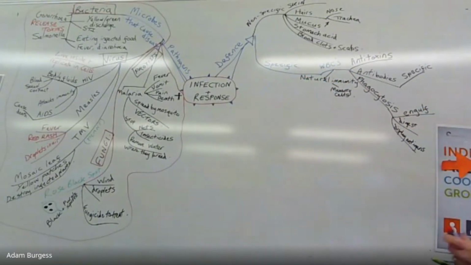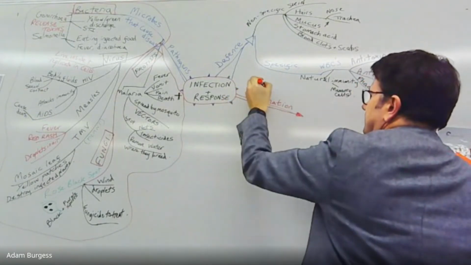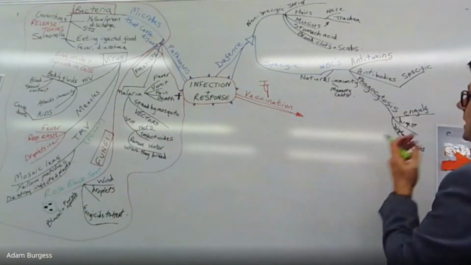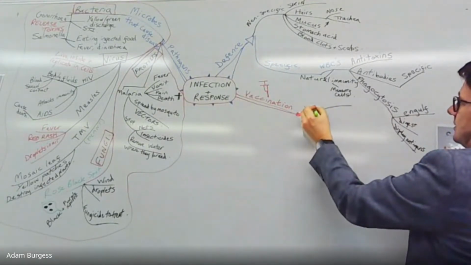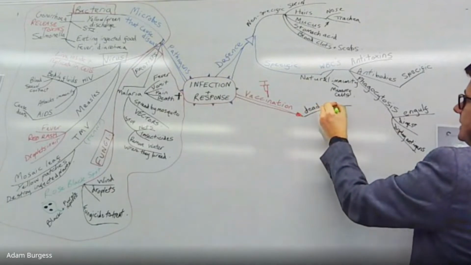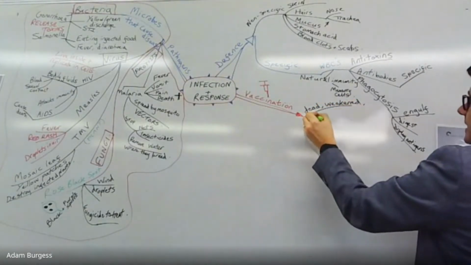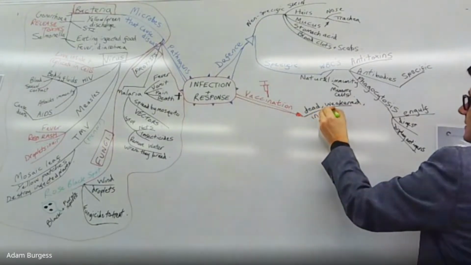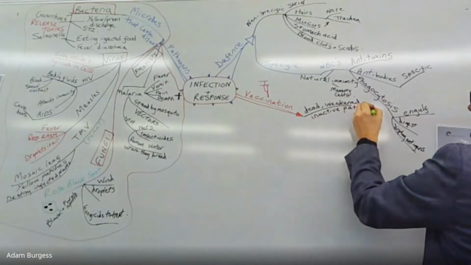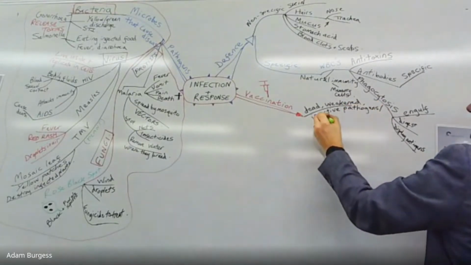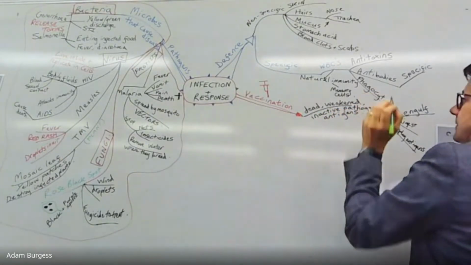Good, right, okay, I'm going to go on to vaccinations now. With vaccination, you need to know that they are dead, weakened, or inactive pathogens, or parts of pathogens. Let's say pathogens or antigens, because they have antigens on them.